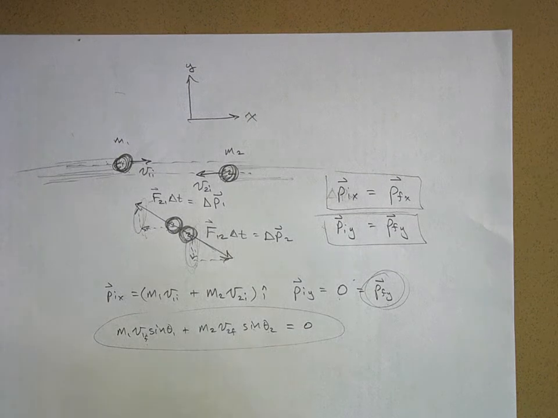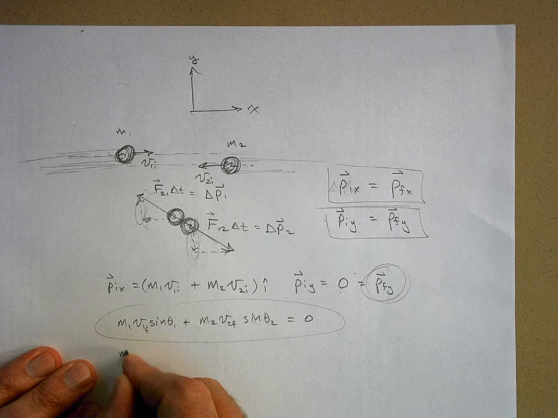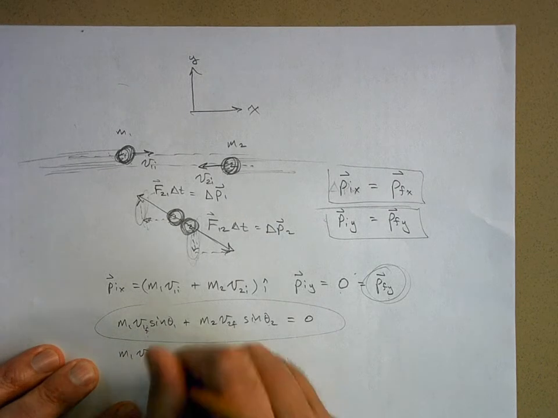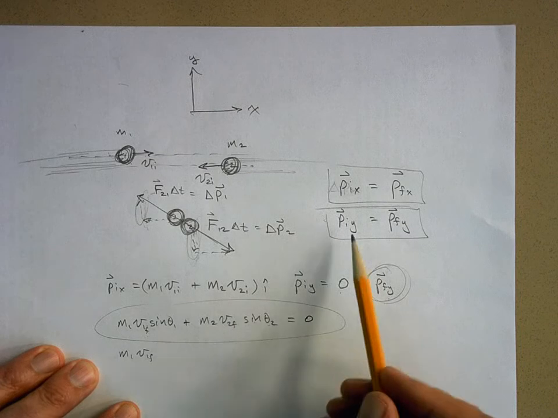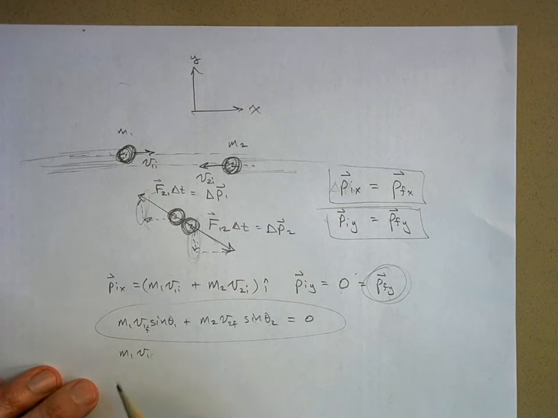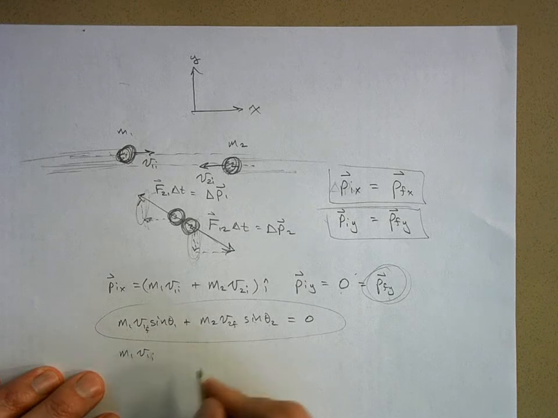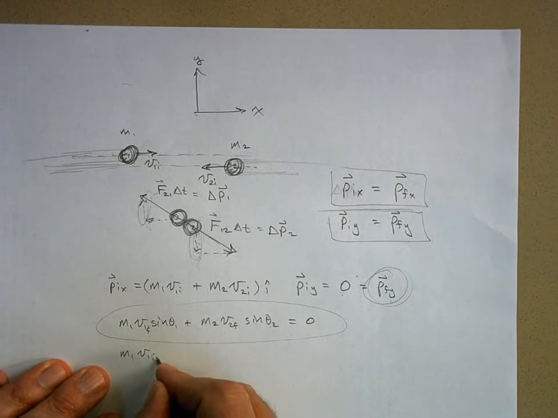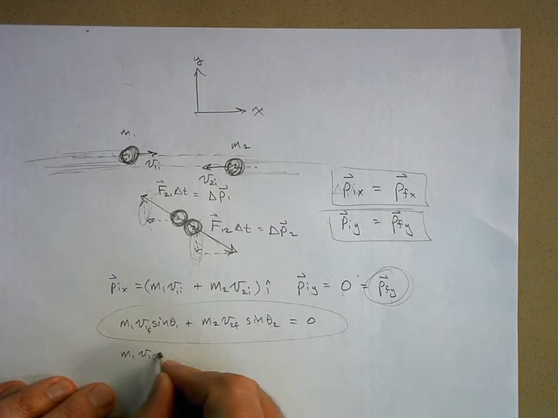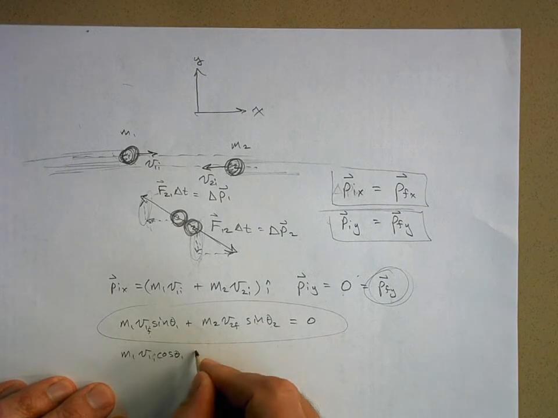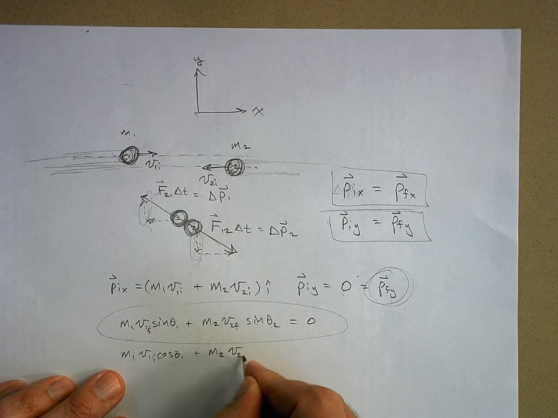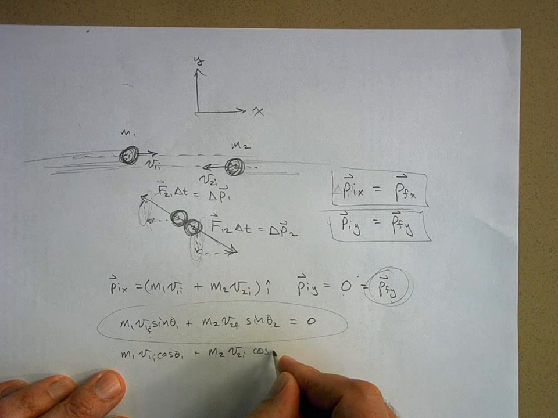Now in the x direction, I would have M1 V1 initial, and we want to put it in the x direction, so we'll do cosine theta 1, plus M2 V2 initial cosine theta 1.